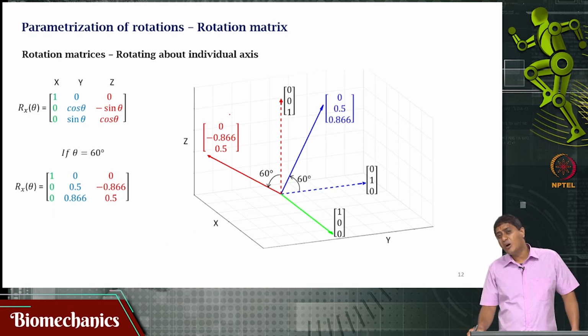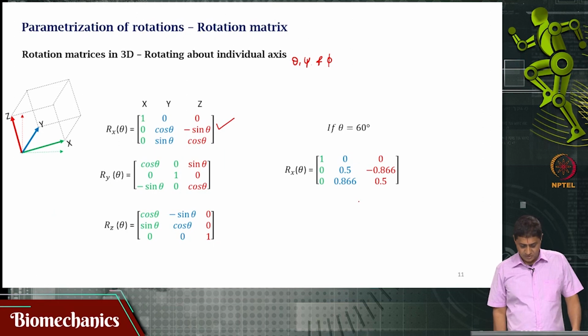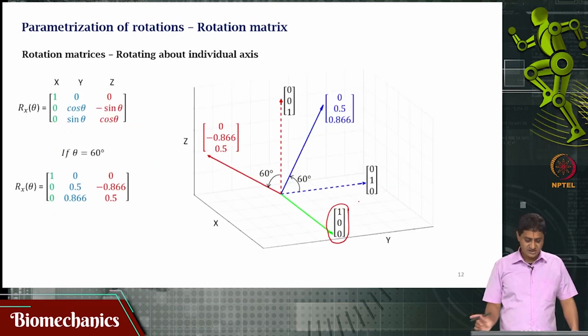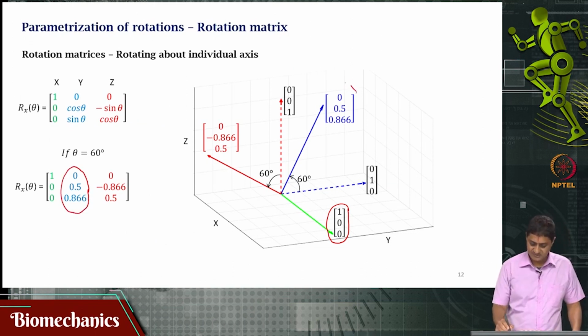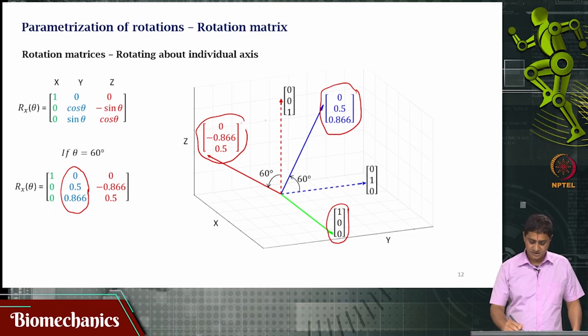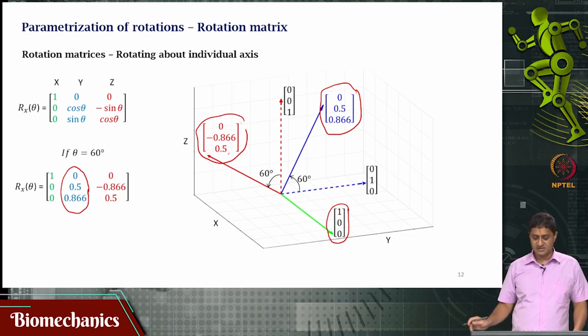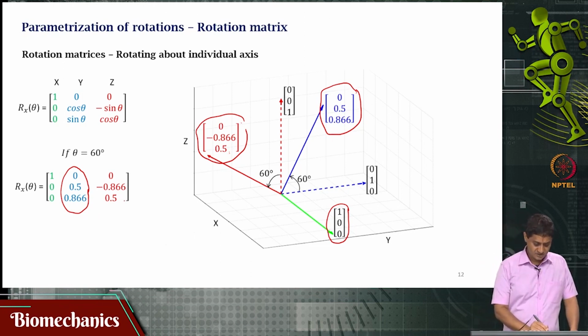So 1 0 0 will remain the same, but what was earlier 0 1 0 will rotate by 60 degrees and will become these. And z, which was earlier here along the dotted line, has moved to this point, whose coordinates are 0, minus 0.866 and this, right.